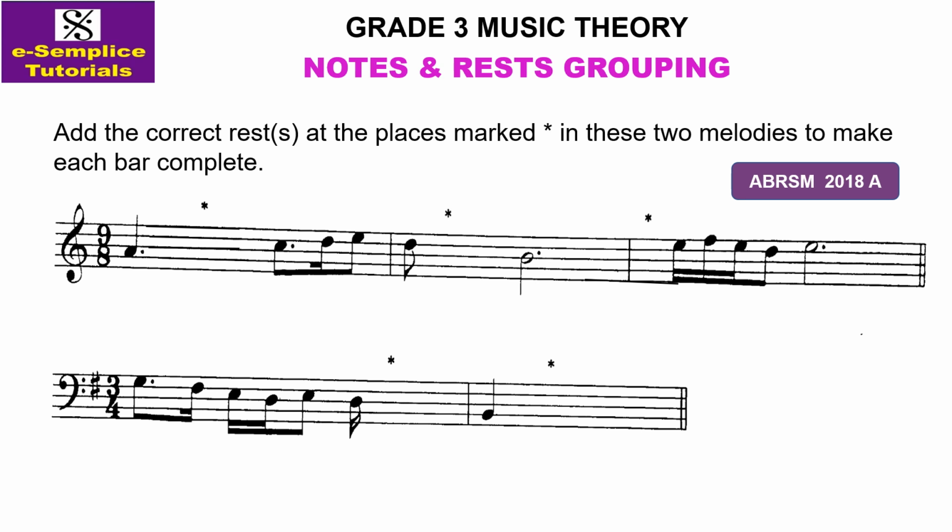Let's sketch the initial outlook. Nine-eight is a compound triple time with 3 main beats. Each main beat is a dotted crotchet. So please bear that in mind as you work with the melody below. Use this as your guide.